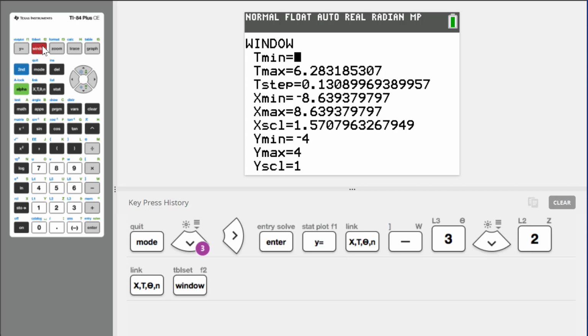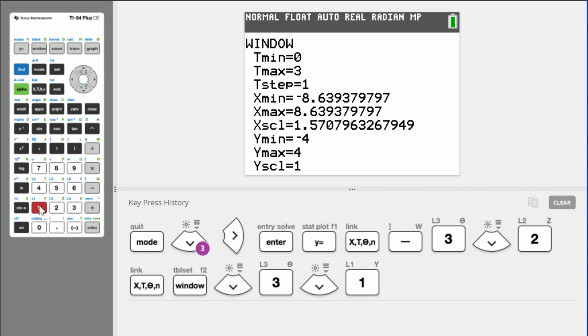To match what we did on the paper, we had picked t values from 0 up to 3. Now, the t step number is what the calculator is going to count by. And in this particular example, I don't think it'll matter very much. I'll go ahead and say count by ones, just like we did on our table. In later examples, we'll need to count by something a little smaller to see an accurate graph.